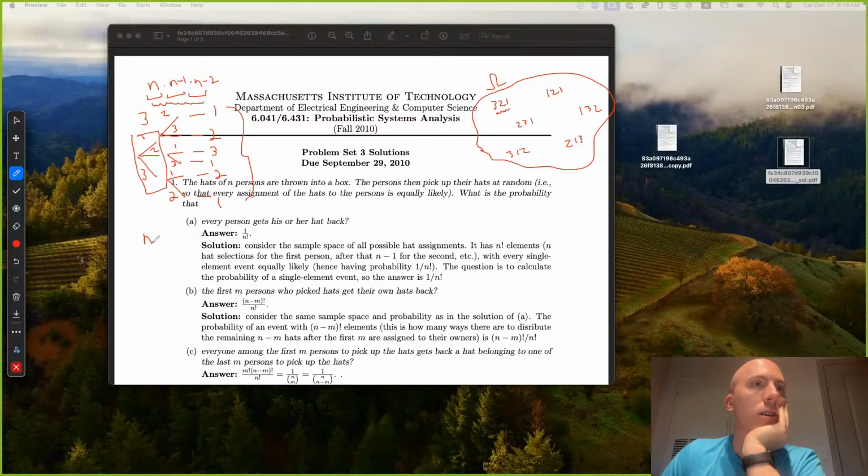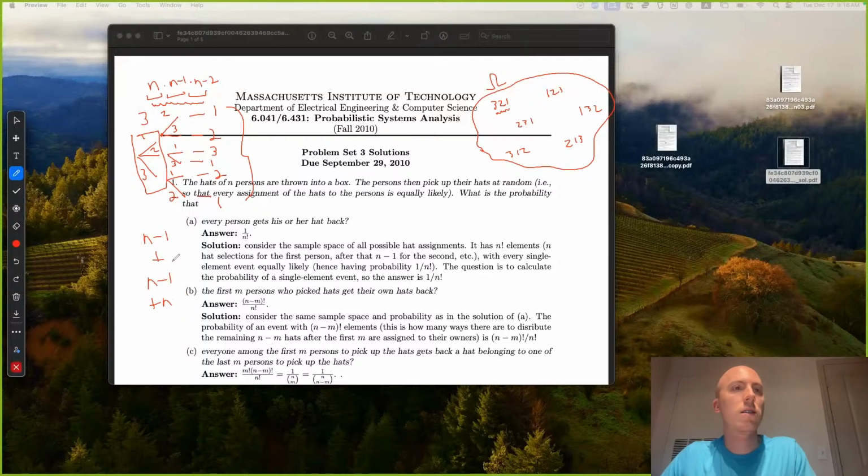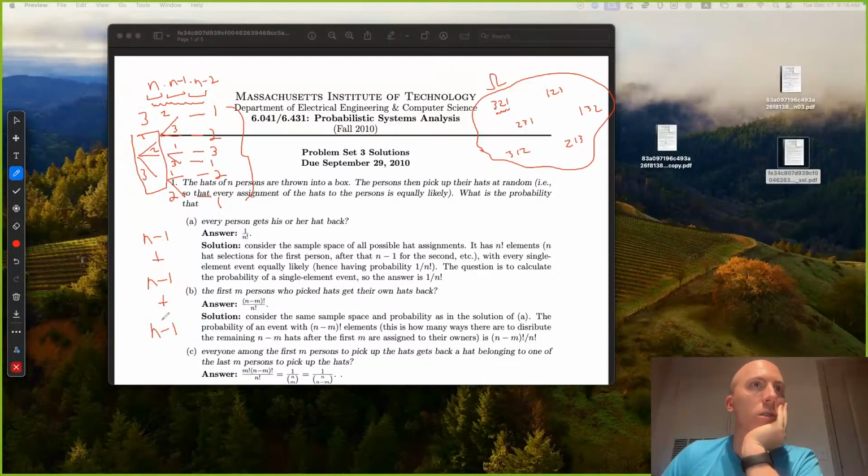So it's n minus 1 plus n minus 1 plus n minus 1, or just n minus 1 times n. And then for each of those branches, there are n minus 2. You can think of it like that.